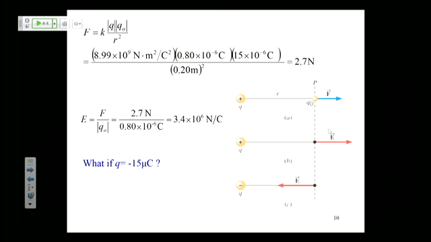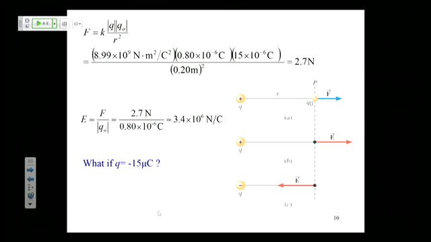This is the force. Now, to determine the field, you need to divide this force by Q naught, such that now you have force per unit charge. So you divide 2.7 Newton by this test charge, and you get the result 3.4 by 10 to the power 6 Newton per Coulomb.